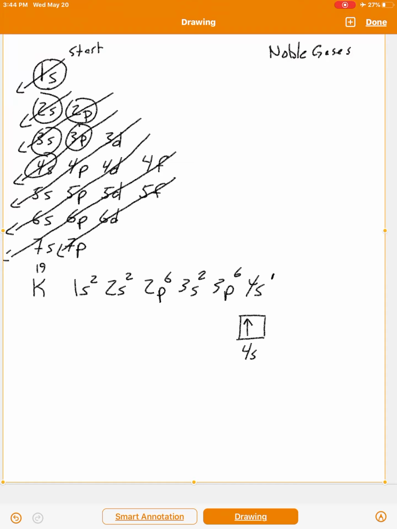The noble gases: helium, right? Which is element number 2. Below that is neon, which is element number 10. Argon, which is element number 18.